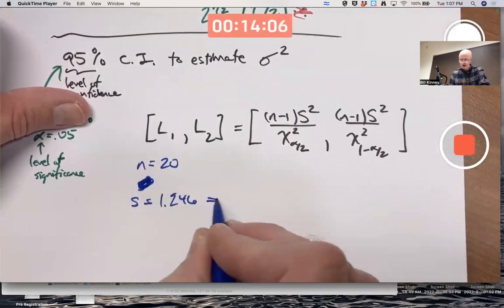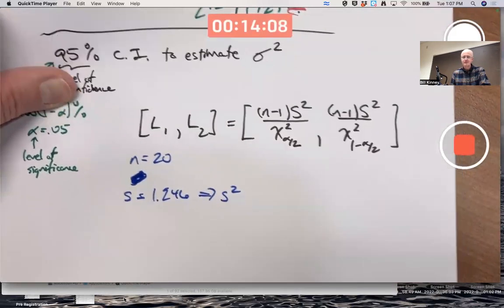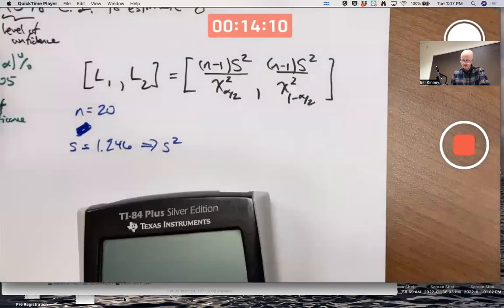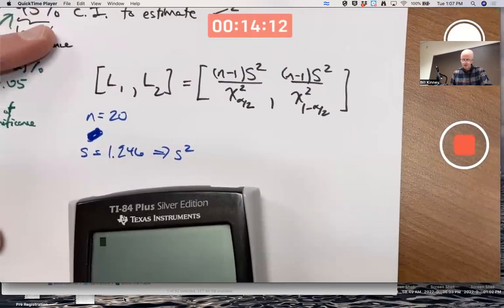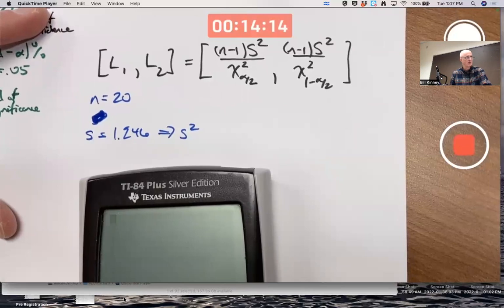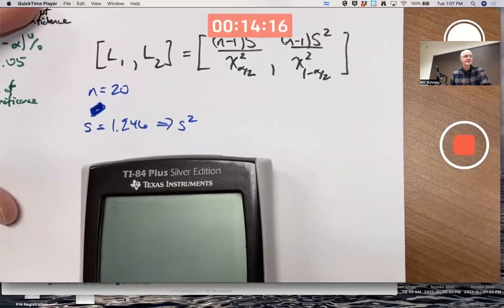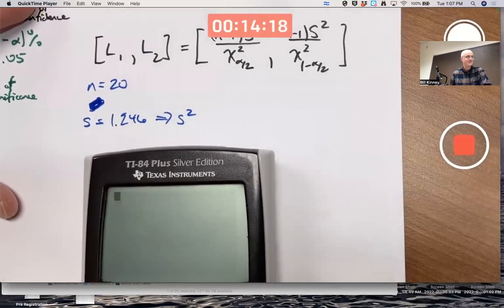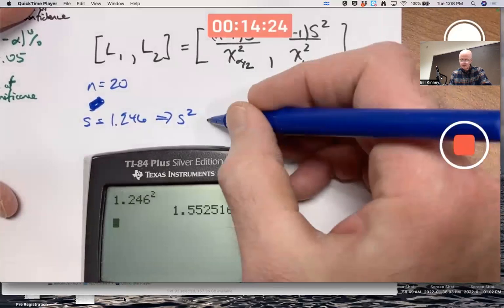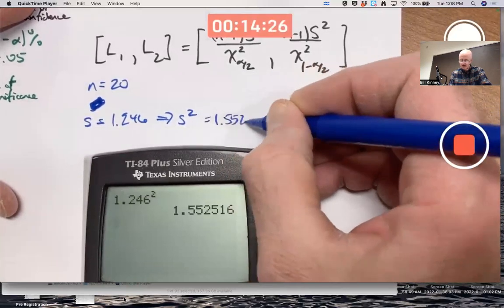You compute s squared from that by squaring it. With a problem, more likely you're going to have to compute that with your calculator's stats functions because you'll have data. So I'm just making up numbers on the spot here. S squared then would be 1.552516.